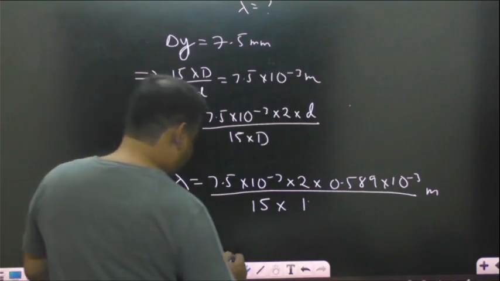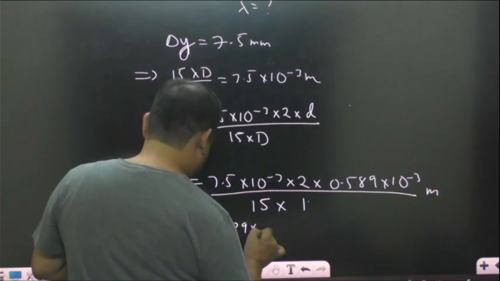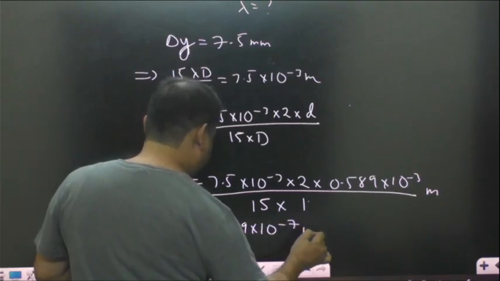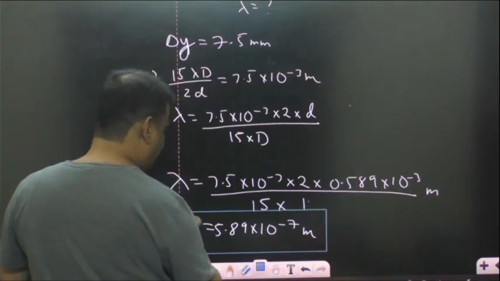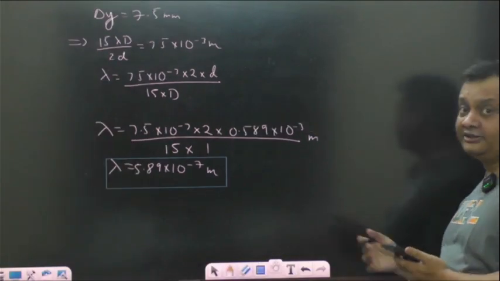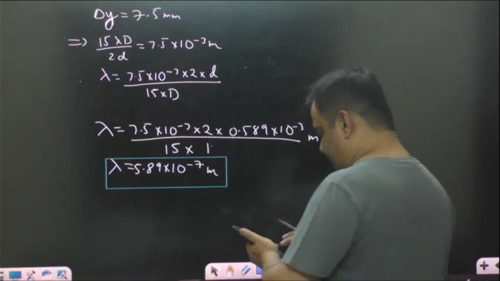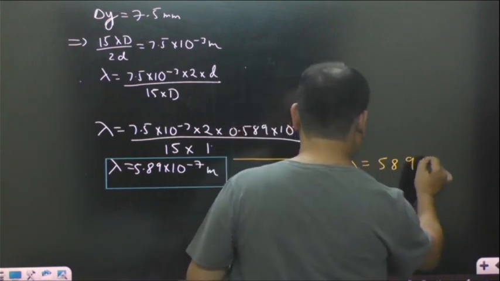So 5.89 into 10 power minus 7 meter. This is the answer. This is the wavelength of the light used in YDSE of this problem. Okay, if you want to give your answer in angstrom, divide by 10 power minus 10, so you'll get 5890 angstrom.